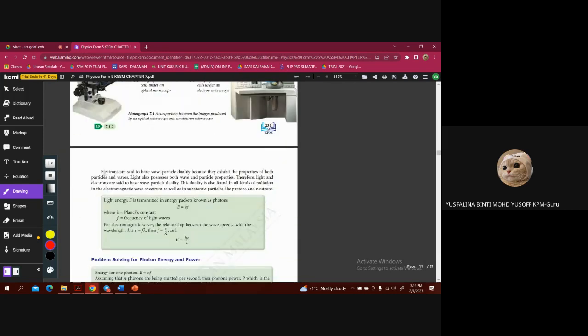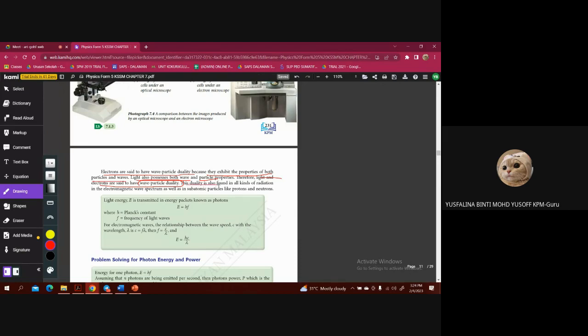So electrons are said to have wave-particle duality because they exhibit the properties of both particles and waves. Light also possesses both wave and particle properties. Therefore, light and electrons are said to have wave-particle duality. It can act as a particle and also can act as a wave.